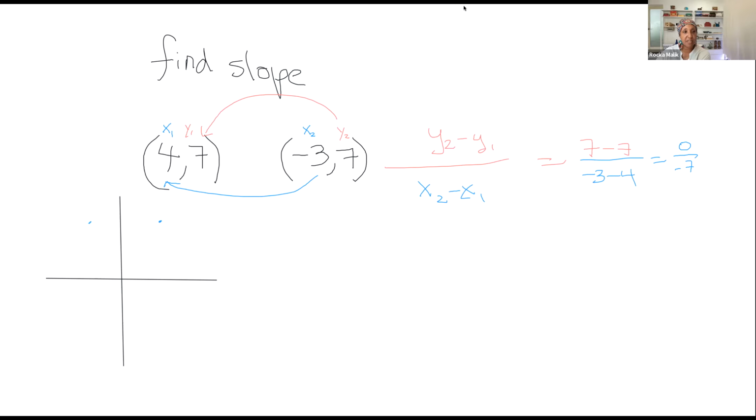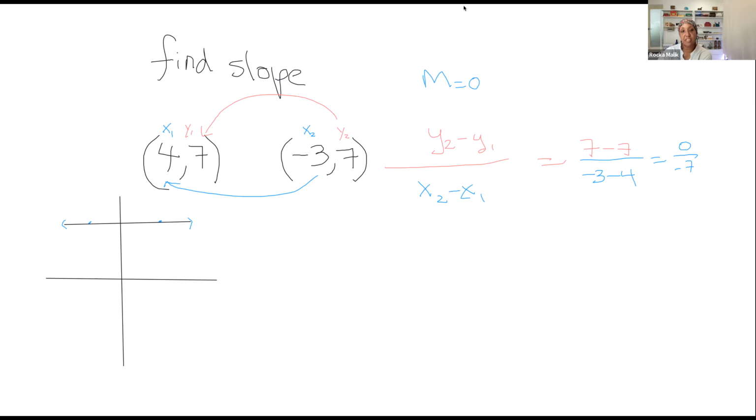I just have a flat line, which means my slope is 0.